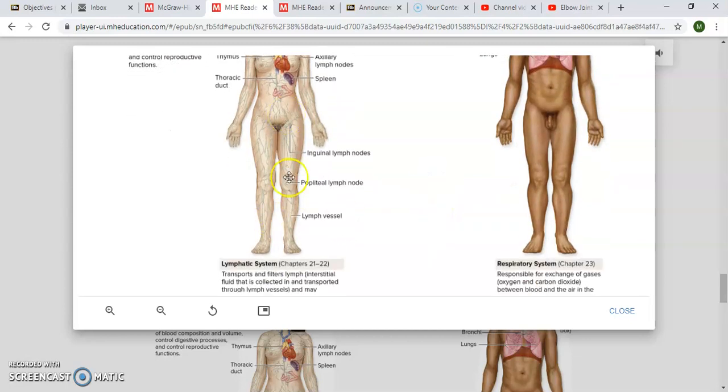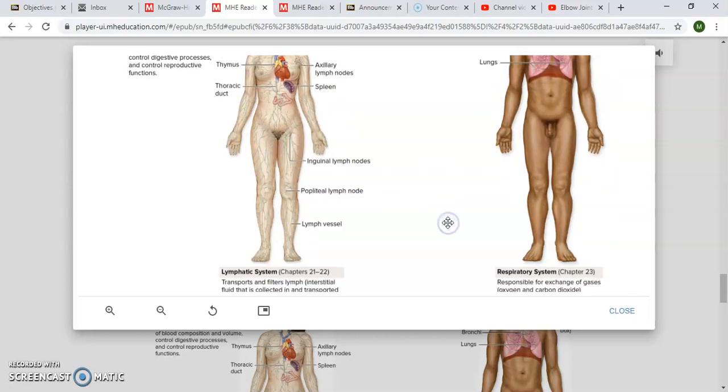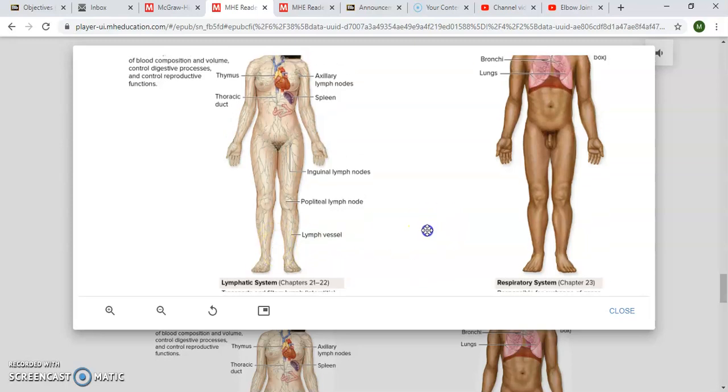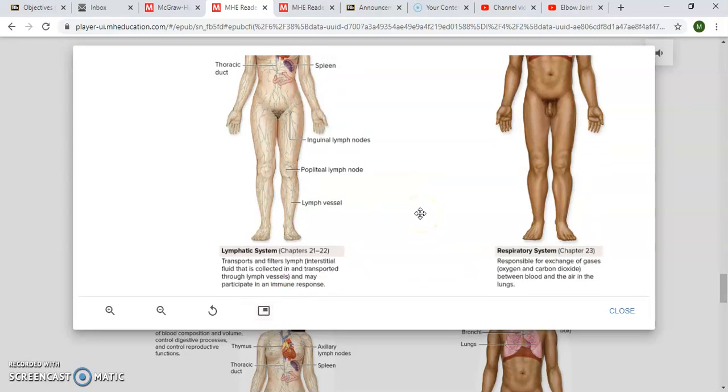So if you don't have those lymphatic vessels working very well, you start getting swelling in certain parts of your body. So the function of the lymphatic system is to transport fluid back to the blood, and then it can help with the immune system. It's the site where white blood cells will fight off bacteria or viruses or things like that.